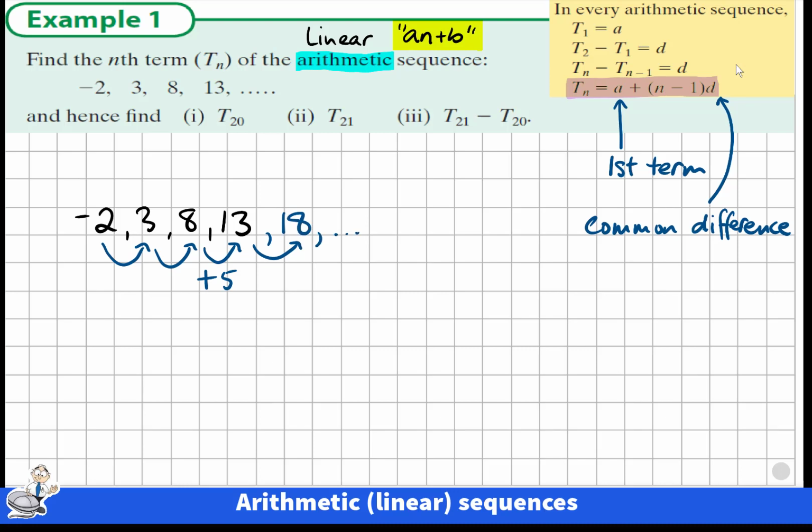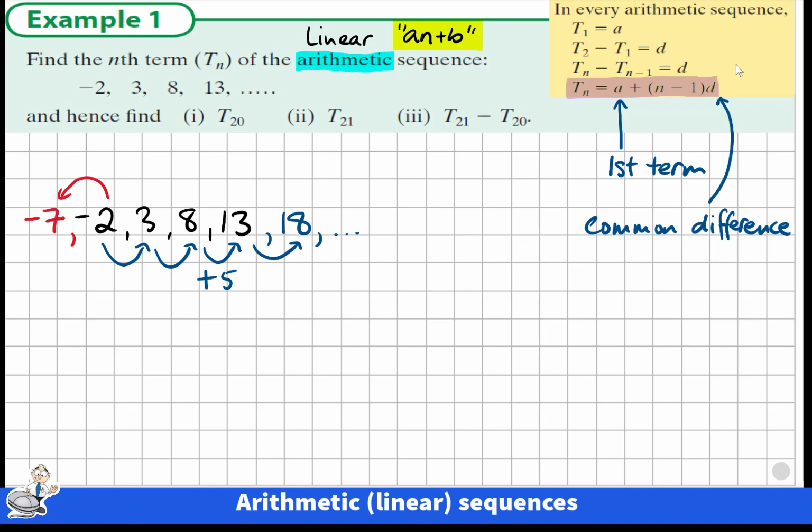The method that we use to find the general expression for this that I've mentioned already, you could just go back one. Now, this term doesn't exist, but if there was a zero term, what would it be? -7. Very good. It'd be -7.